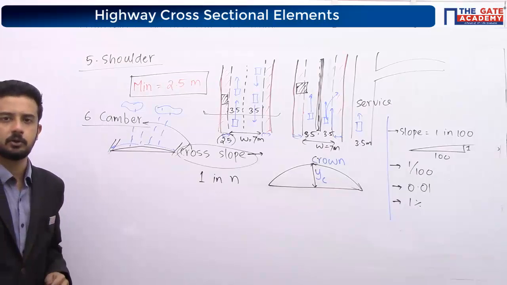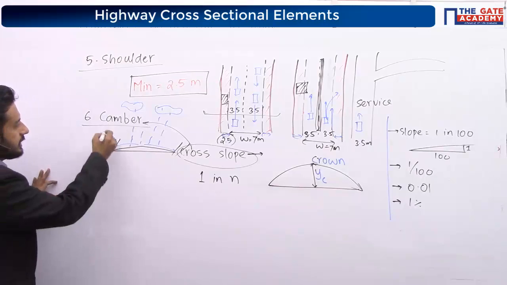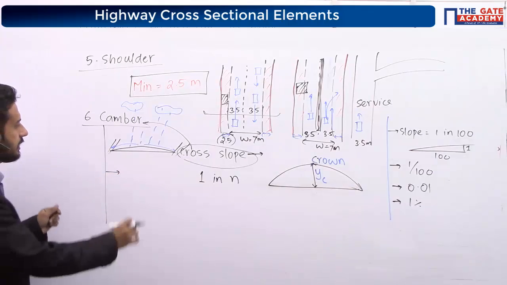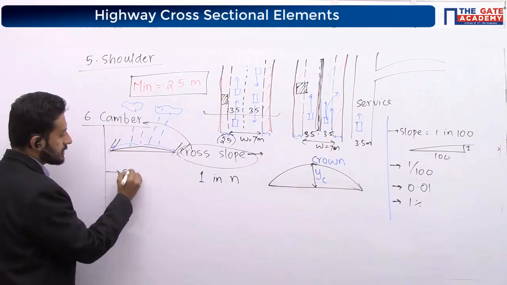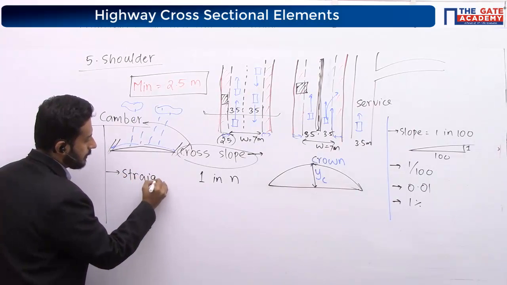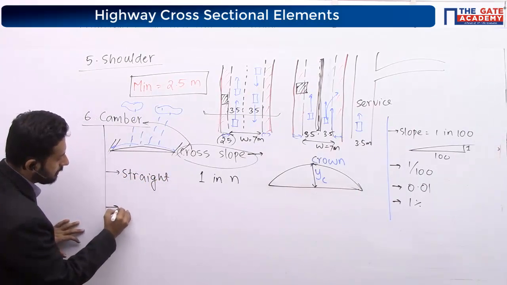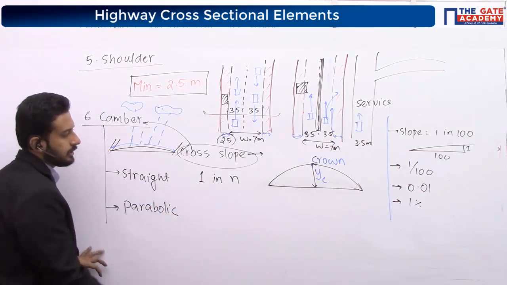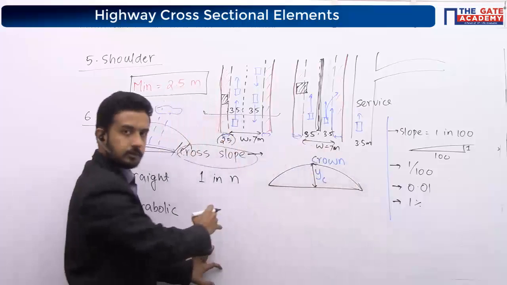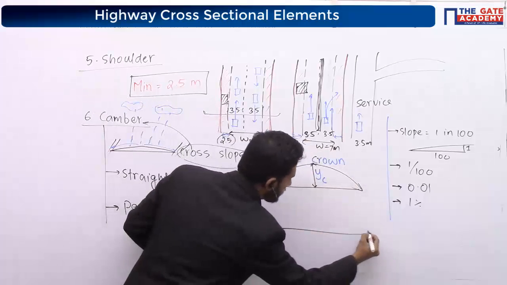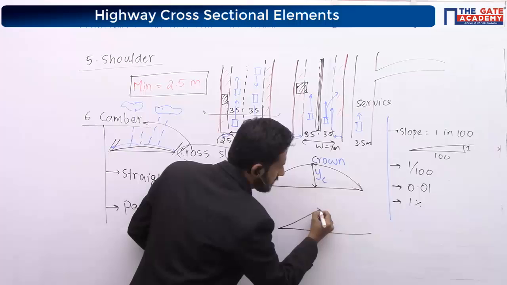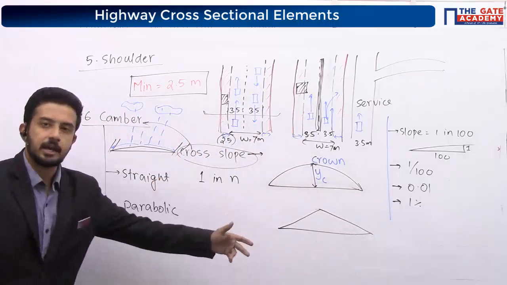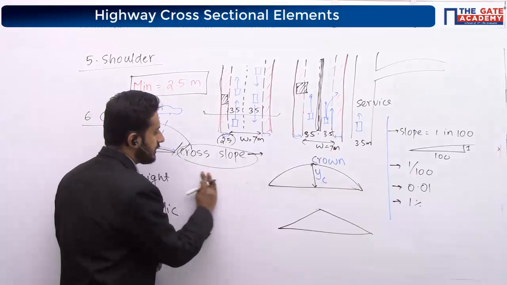I will give you all the notes, don't worry. This camber or slope can be of two different shapes. It can be a straight portion, or it can be a parabolic portion. This is nothing but a parabola. Or sometimes the slope can be something like this. It is called a straight camber, and you can write that now.